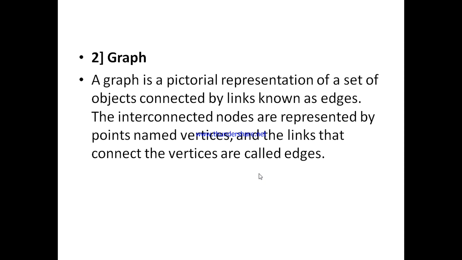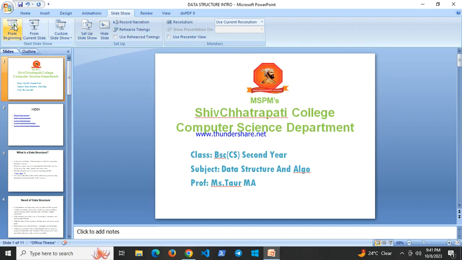The second type is the graph, which is a pictorial representation of a set of objects which are connected by links, and the links are known as edges. Okay, so this is basically linear and non-linear data structure.